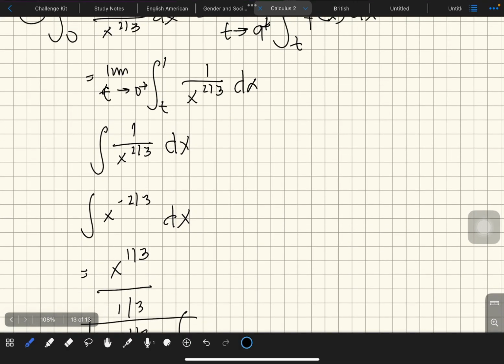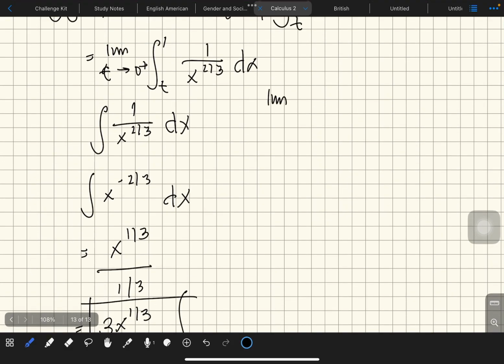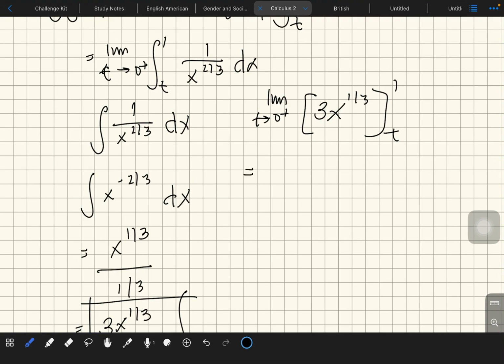Now let's apply the limit. Limit where t approaches 0 from the right is equal to 3x raised to 1/3 from t to 1, which is limit where t approaches 0 from the right, 3 times 1 raised to 1/3 minus 3 times t raised to 1/3.